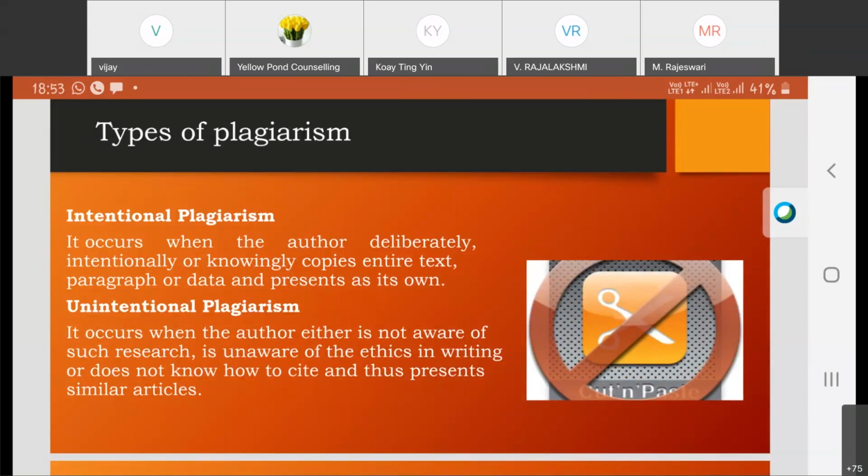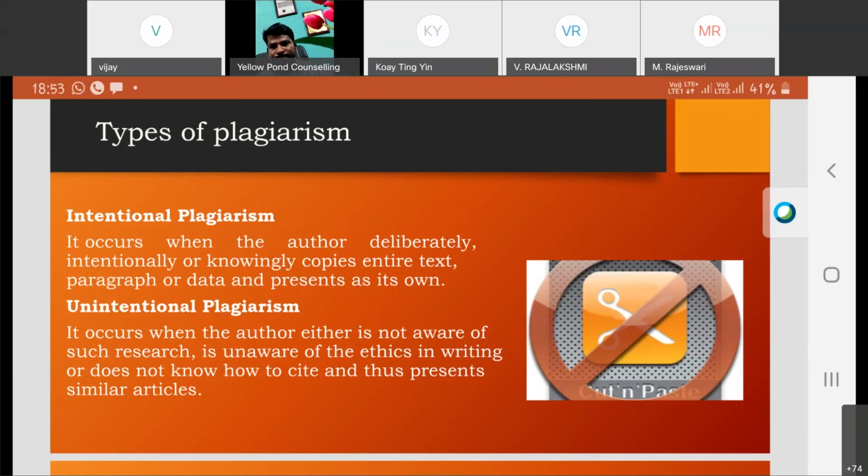I would like to read this statement: a new author uses the previous article's text by replacing, reordering, or rephrasing the words or sentences to give it a new look without acknowledging the original author. This is what I already told you about in unintentional plagiarism. Whatever materials you have gone through and borrowed from the original author's materials, we need to acknowledge the original authors. Otherwise, it comes under patchwriting.